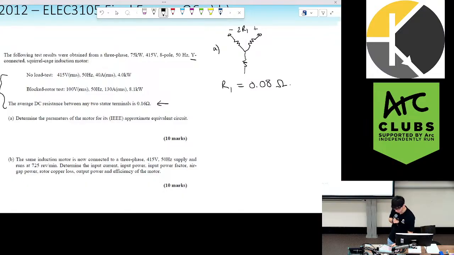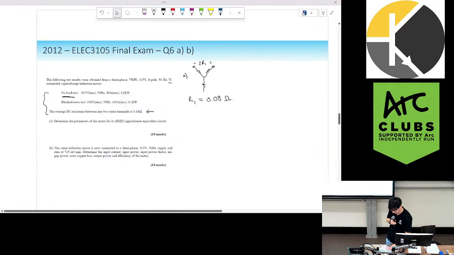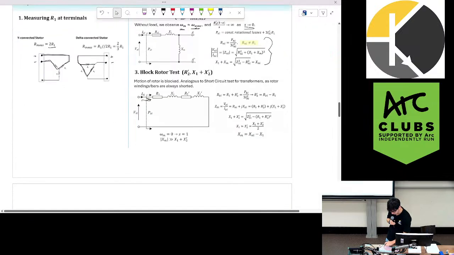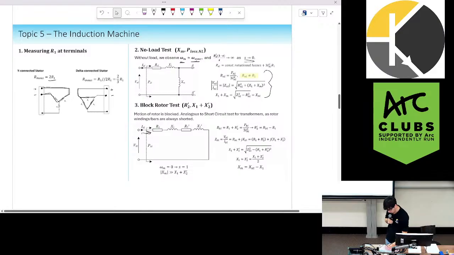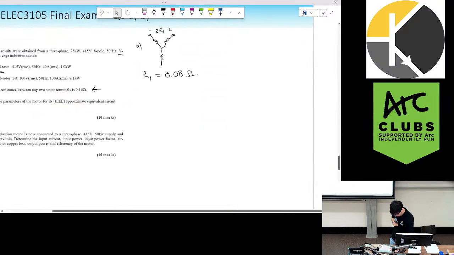Next, we'll look at our no-load test. First I'm going to use this equation to find R no-load, this to find Z no-load, and then I'm going to use Pythagoras to find X no-load. So let's start with R no-load.